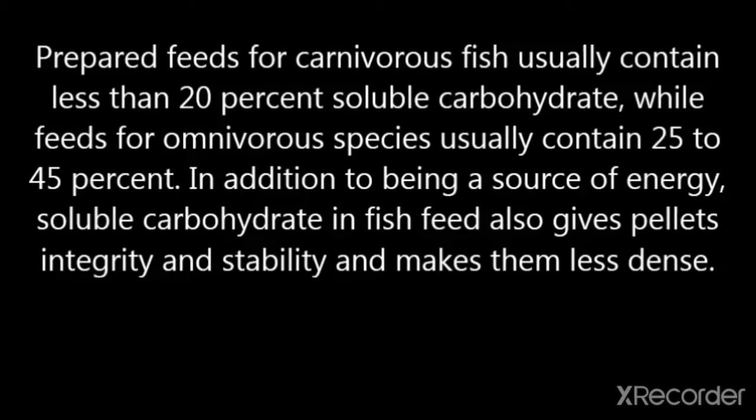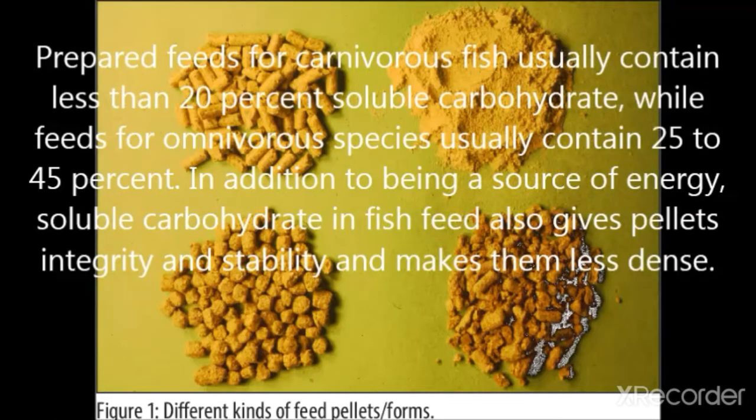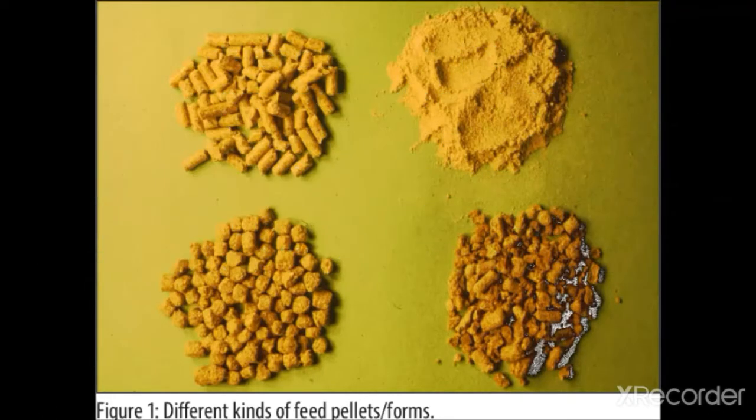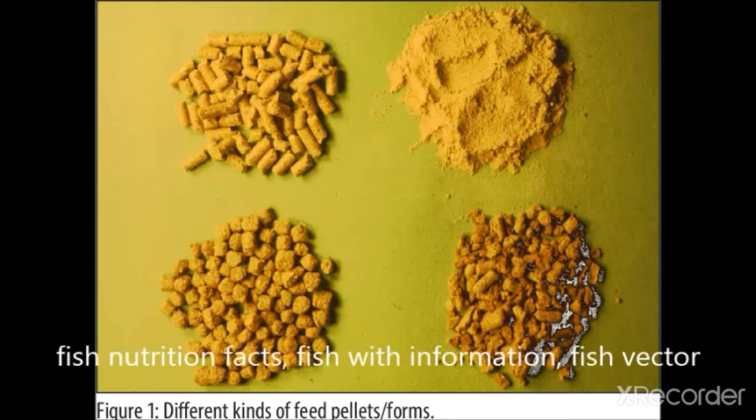Now I will start the introduction of fish nutrients and growth. The manufactured food can be broadly classified as dried, freeze-dried or frozen. The dried foods such as flakes, pellets, sticks and tablets are widely available and convenient to use.